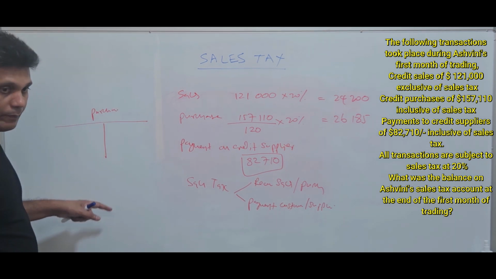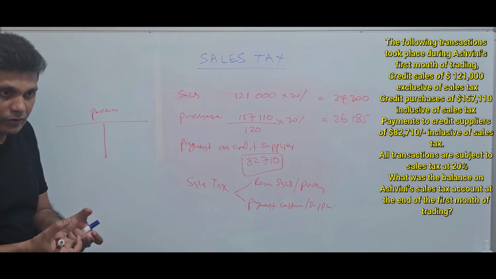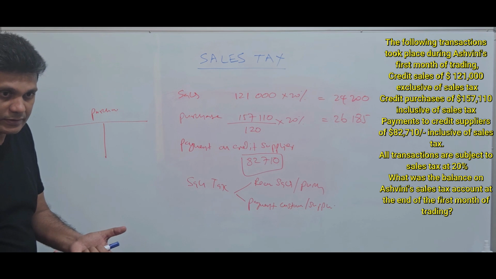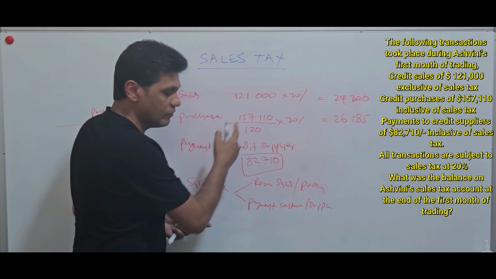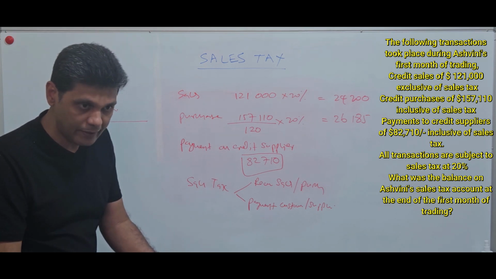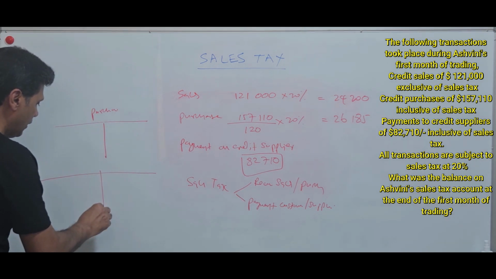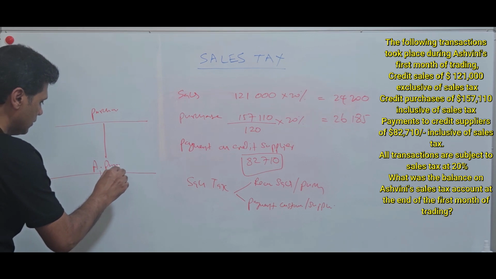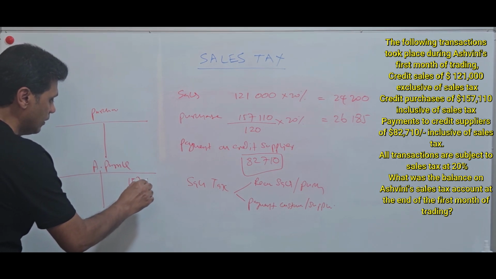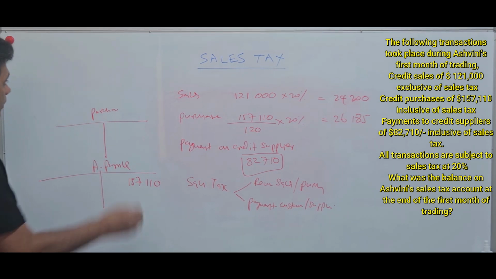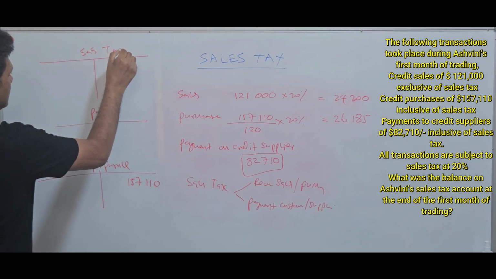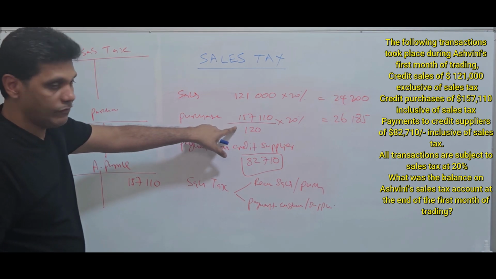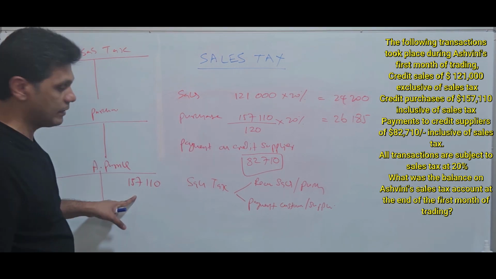You will debit with the total price excluding the tax. So this 157,110 is payable, right? Your accounts payable is 157,110, and the sales tax is part of this 157,110, credited.